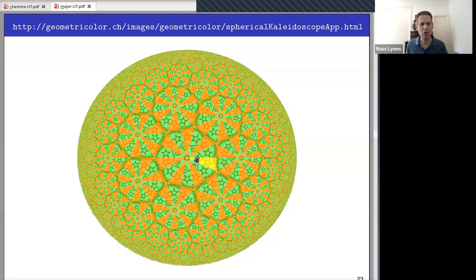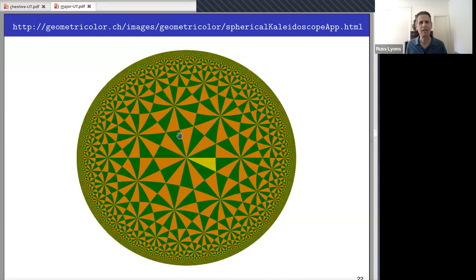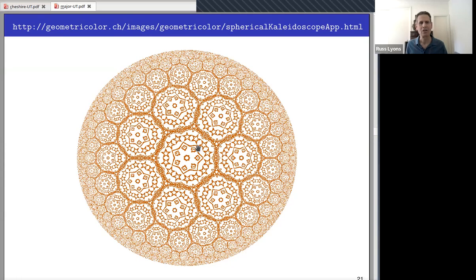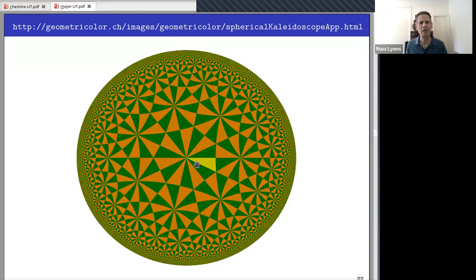I took a tiny portion of the University of Texas logo. That's what this is here, and reflected it, and that gave me that. So you see these symmetries. There's 7-fold symmetry, 3-fold symmetry, 2-fold symmetry. Comes from this triangle of angles pi/2, pi/3, and pi/7.